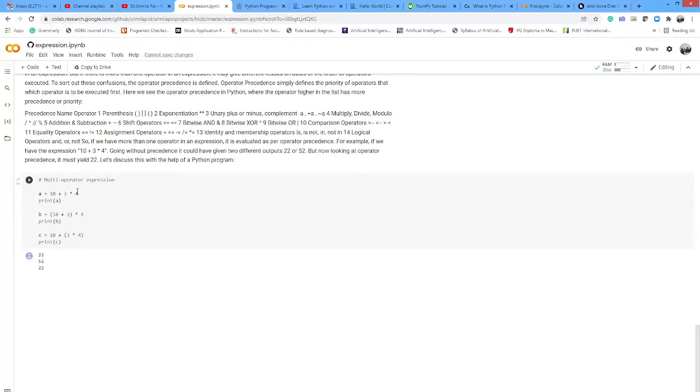Here multiple operators are there, and according to operator precedence it executes the expression 10 plus 3 into 4.